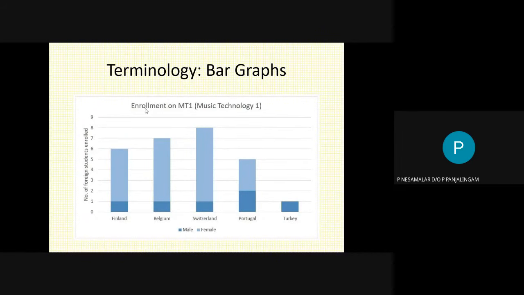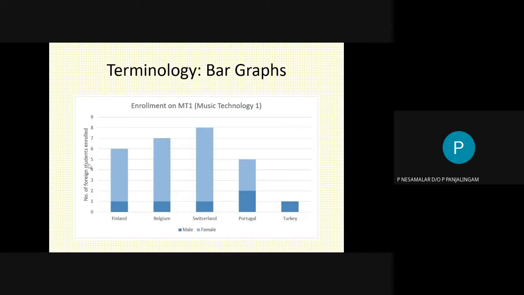The title is Enrollment on MT1 Music Technology. Now, it does not say what it is or where it is. And the x-axis gives you the names of 1, 2, 3, 4, 5 countries. Now, before you start writing, look at the y-axis, the vertical axis.